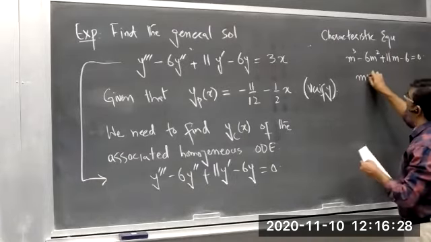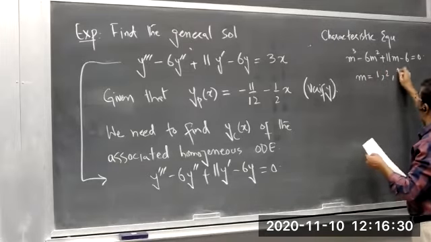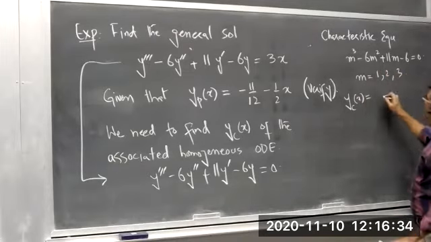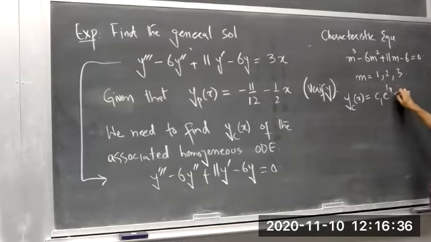After solving it, we get the roots 1, 2, 3. So we can write yc equal to c1 e raised to power x plus c2 e raised to power 2x plus c3 e raised to power 3x, because the roots are real and distinct.